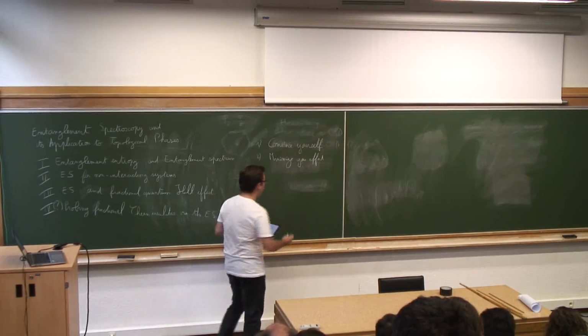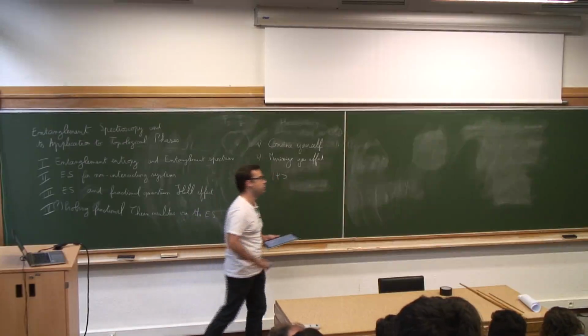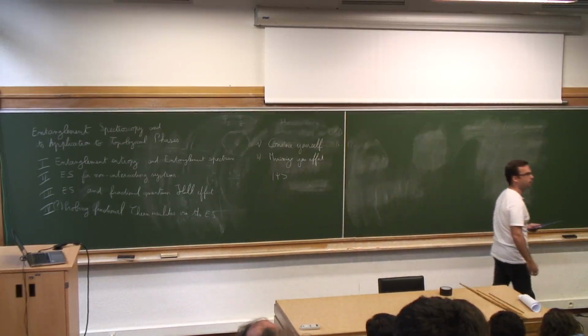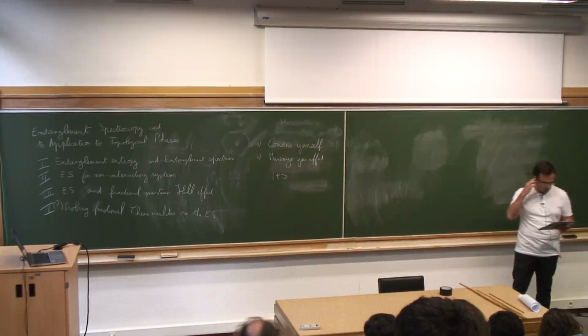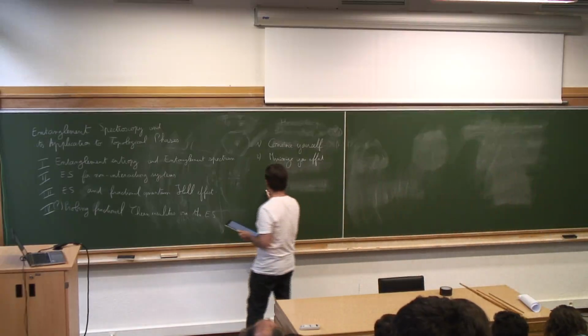So imagine you have only the ground state. What kind of calculation can you perform to be sure that this is the Laughlin state in this model? Well, if you're lucky, you have a model state.